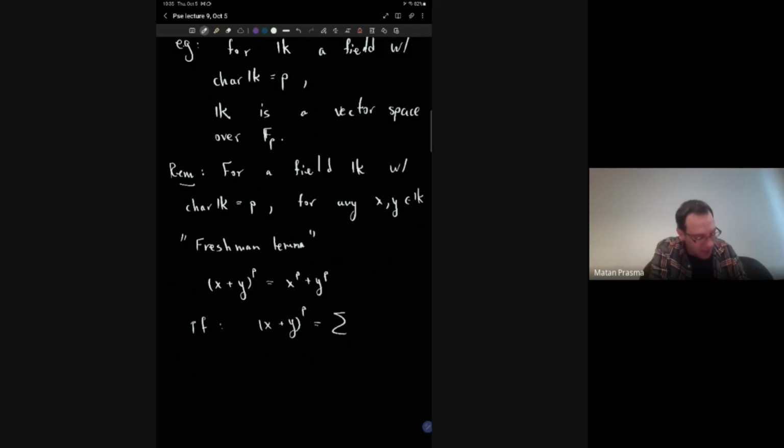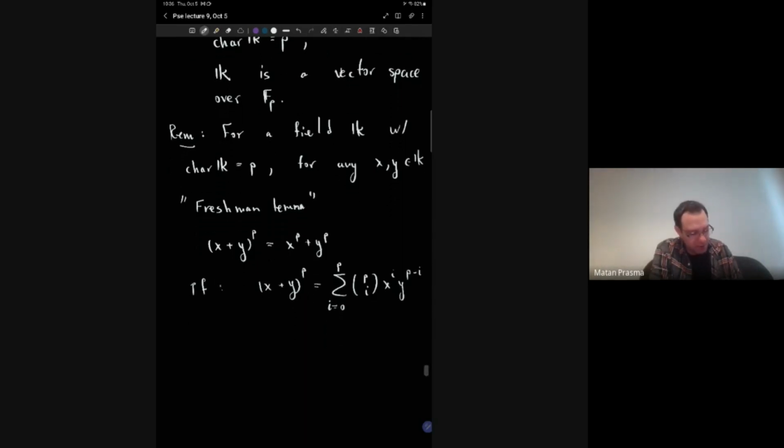So this is the sum of P over I, X to the I, Y to the P minus I, I equals 0 up to P. And we noticed that if I is strictly bigger than 0 and strictly smaller than P, you take P over I, which is P factorial divided by I factorial times P minus I factorial.